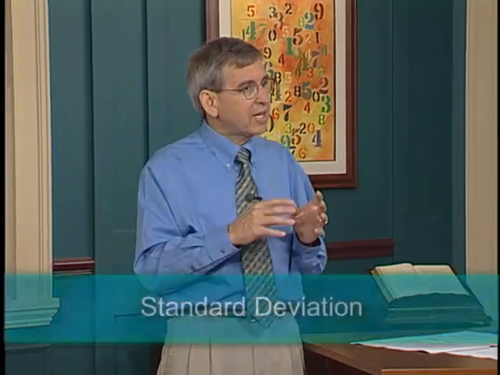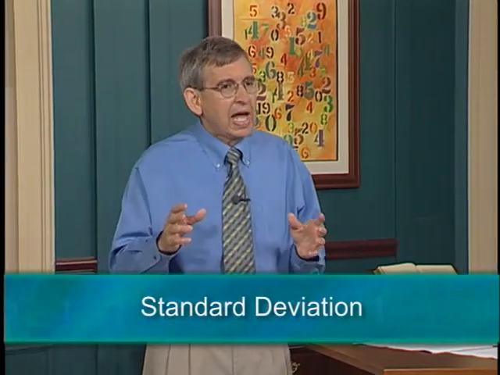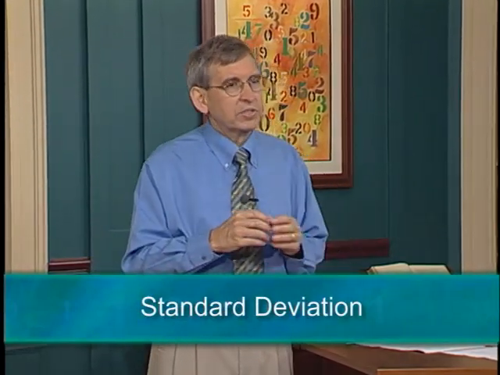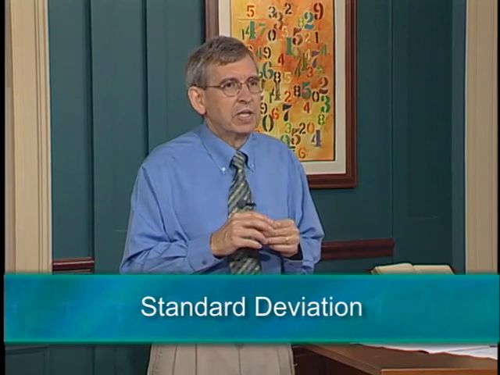However, it turns out that this measure of dispersion is not the most commonly used. The most commonly discussed measure of dispersion is called the standard deviation. It's a little more complicated than this, and I'll tell you why in a few minutes.